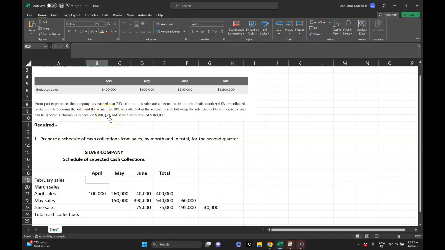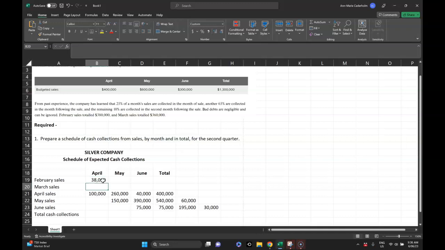So in February, we collected 25%. In March, we collected 65%. So then in April, we're collecting the 10%. So I'm going to do 380,000 times 10%. I always do this one last, just because I like to get all of the other information filled in and then go back and do this guesswork.